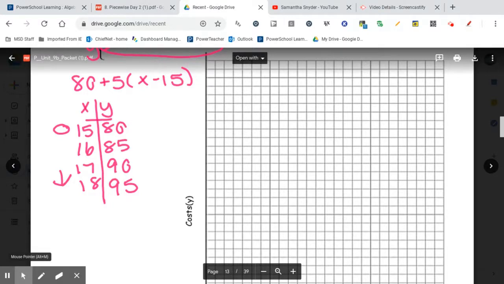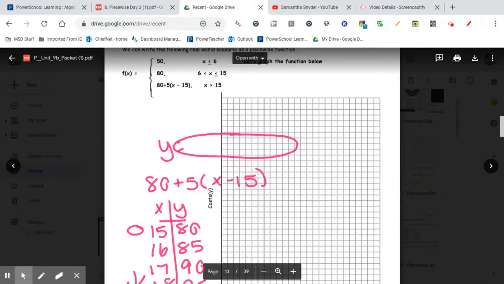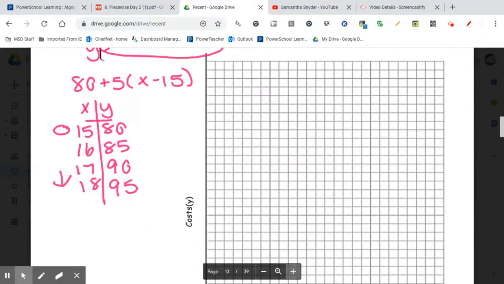And then, let me see if I can zoom out a little bit. We also want to count by something either like tens or fives. So go ahead and see if you could figure out what we should count by. Okay, so I'm thinking for the y's, we should probably count by either fives or tens.